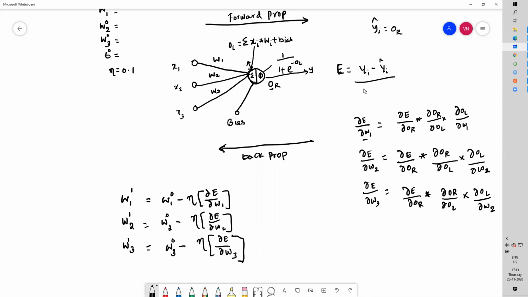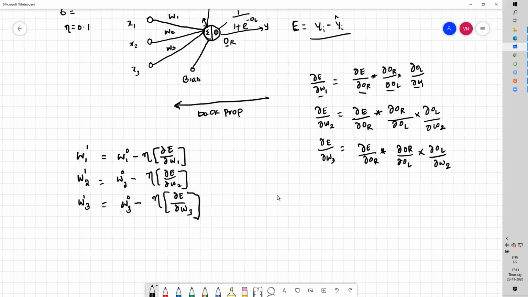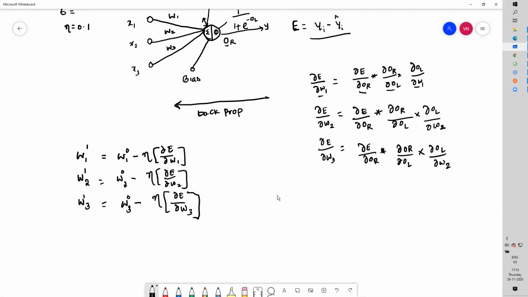Okay, first of all, what is E? So we need to find out these ones, right? So these gradients, not that somebody is going to do that gradient for us. We need to find out those gradients by ourselves, right? So let's find out those gradients. So what is E?